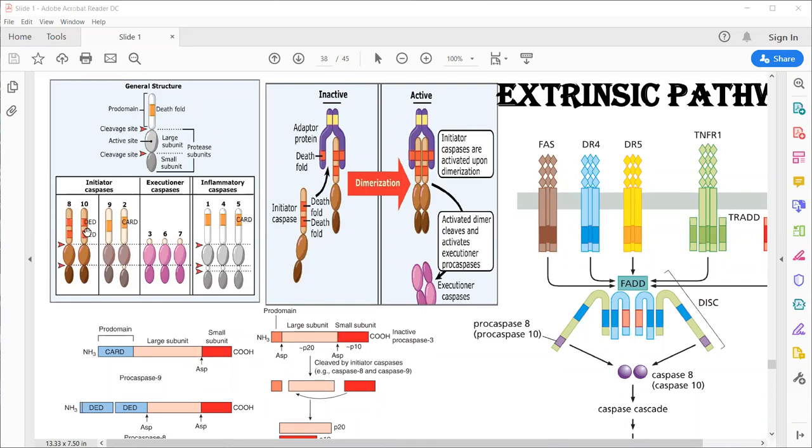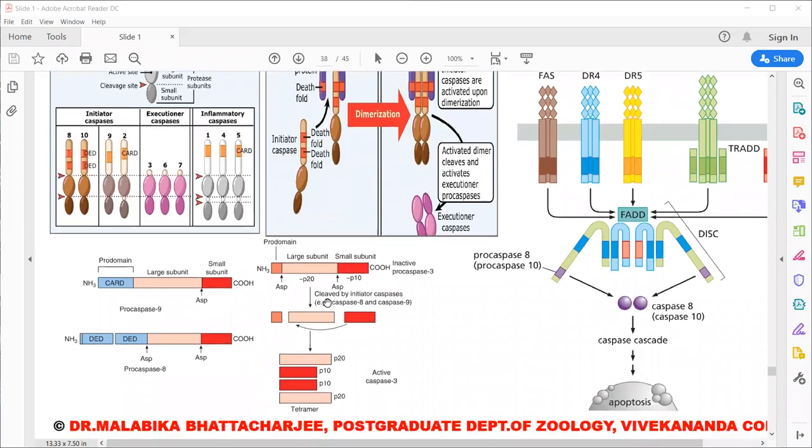The classical example of the extrinsic pathway caspase is caspase 8, so we'll be referring to caspase 8 mainly in the next few slides on the extrinsic pathway. The main hallmark caspase for the intrinsic pathway is caspase 9. If we look at how caspases are cleaved, these are the initiator caspases.